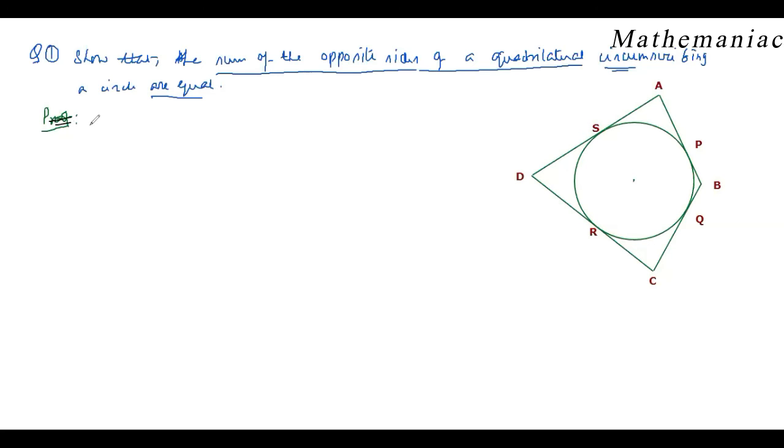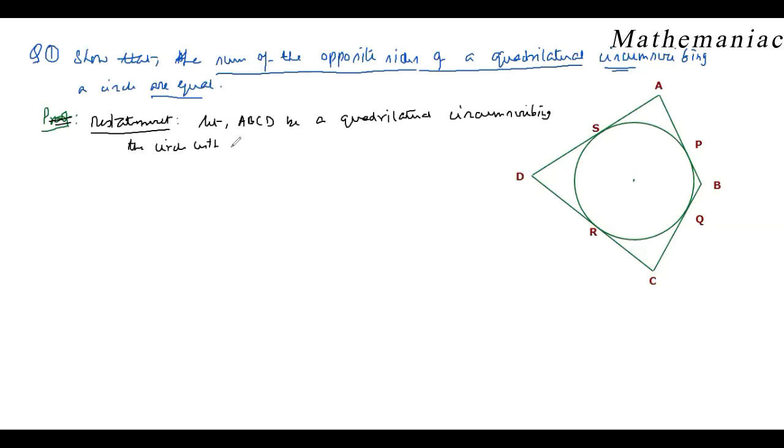Restatement: let ABCD be a quadrilateral circumscribing the circle with center at O. We did not mark the center, so let me mark the center.